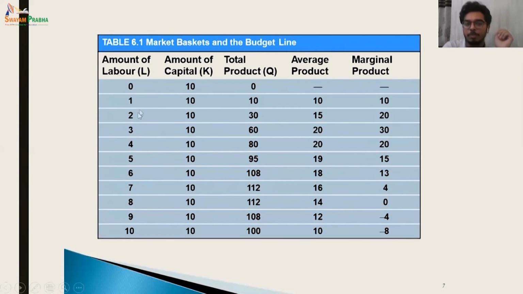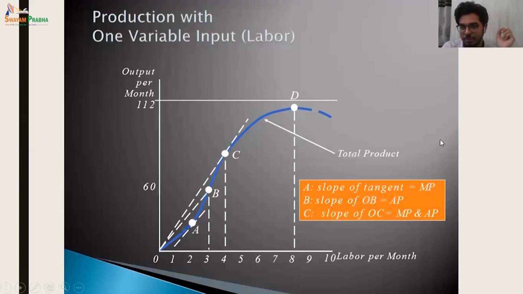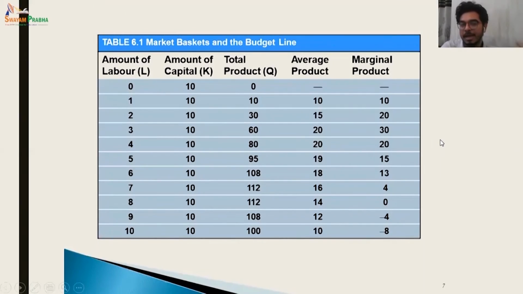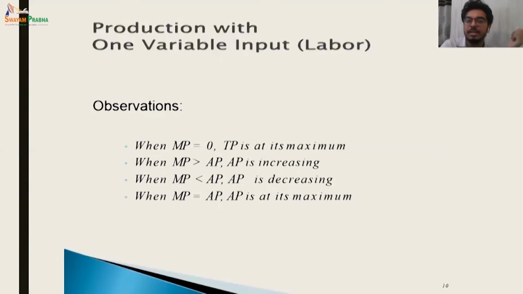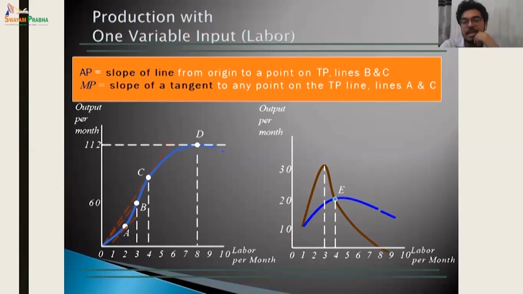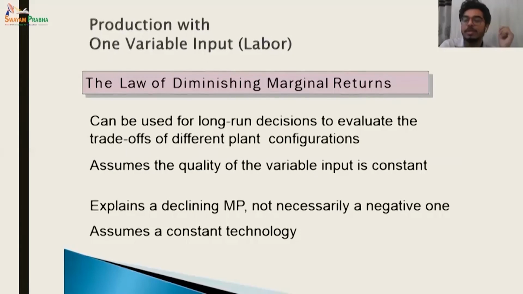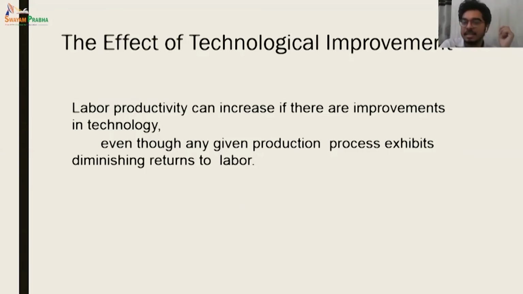But with 2 you are manufacturing 30, and with 4 you are manufacturing 80. That is increasing returns to scale, because you have multiplied your labor force by 2 times, and your total product has increased by more than 2 times. But from 3 to 6, it is a decreasing return. Even if there is a decreasing return to scale, a technological improvement will certainly increase the production.